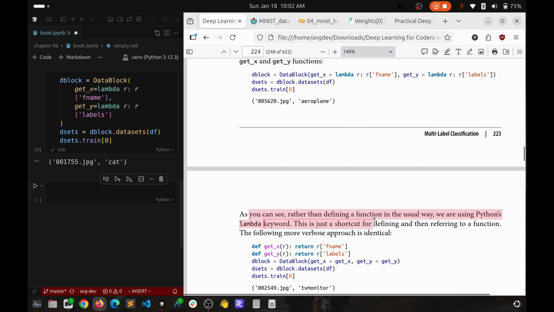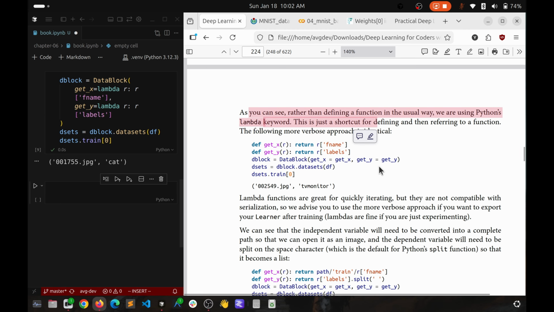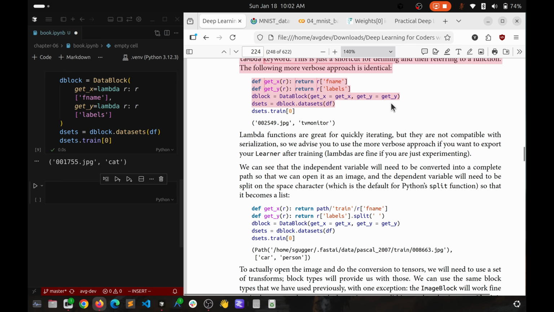As you can see, rather than defining a function in the usual way, we are using Python's lambda keyword. This is just a shortcut for defining and then referring to a function. The following more verbose approach is identical. So this is the same thing. Lambda functions are great for quickly iterating, but they are not compatible with serialization. So we advise you to use the more verbose approach if you want to export your learner after training.